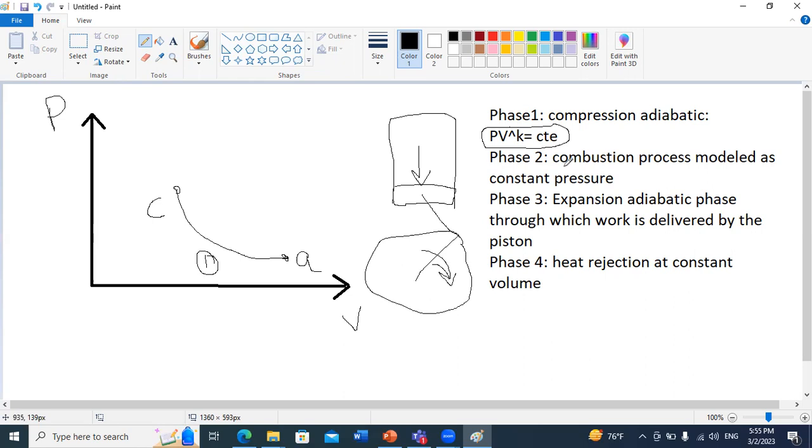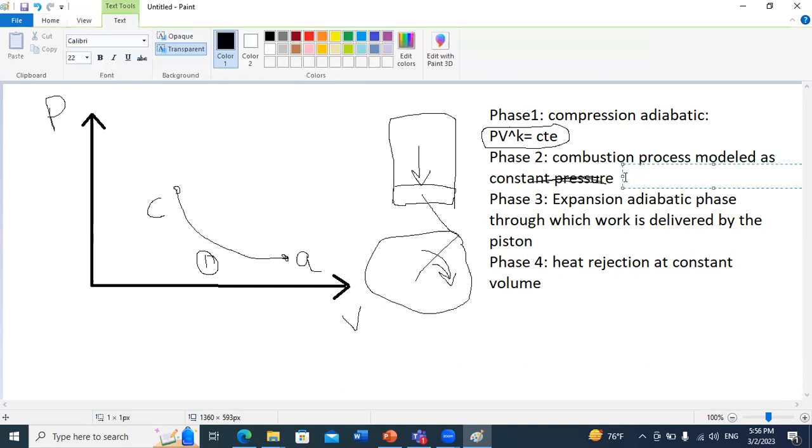After this, in phase two, they told us that the combustion can be modeled as constant volume, so let us fix it as constant volume. Because you have instantaneous ignition, instantaneous combustion, in reality it will take some time. But from observation, in gasoline engines it takes place for a very short time period.